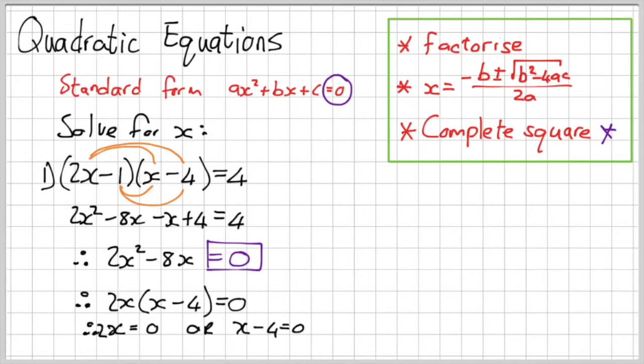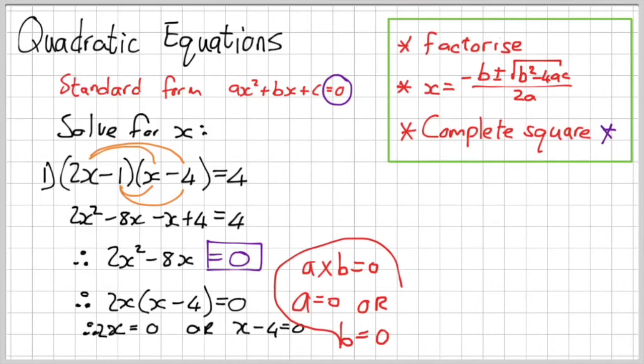Now, if you forgot about the 0 product rule, it is a simple little rule that says whenever I have a product like A times B equal to 0, then A must be naught or B must be naught. And that, ladies and gents, is the zero product rule.